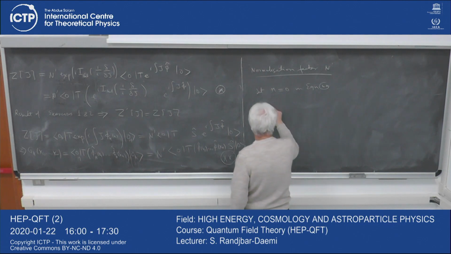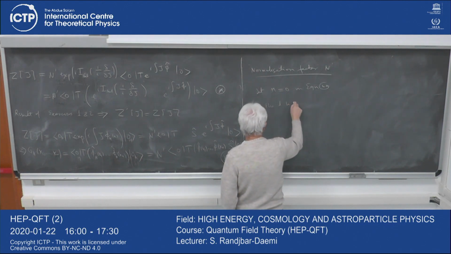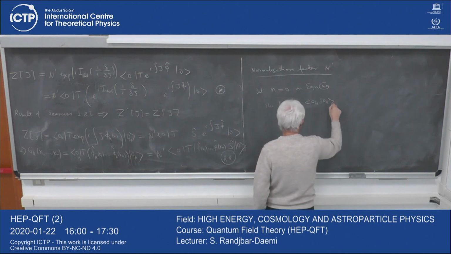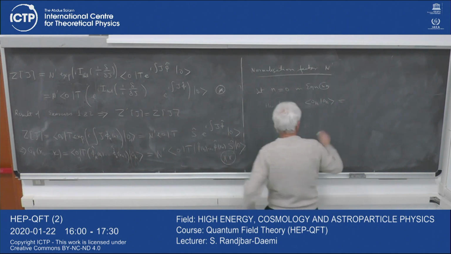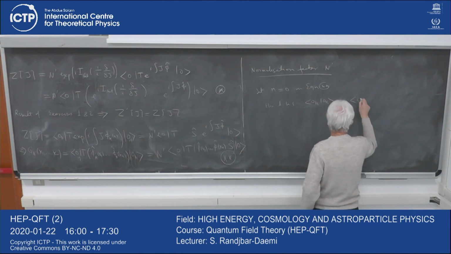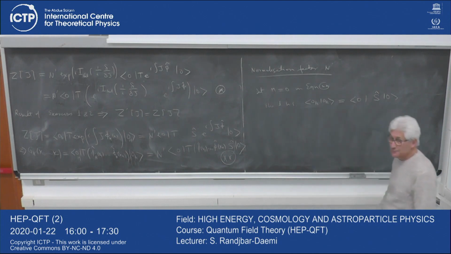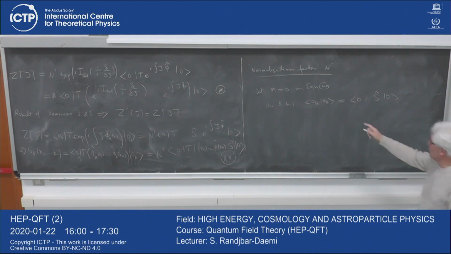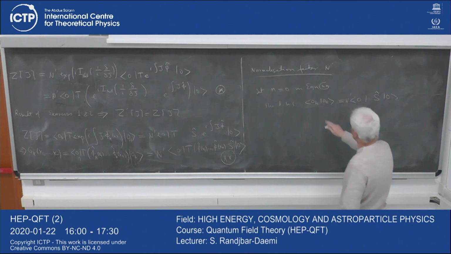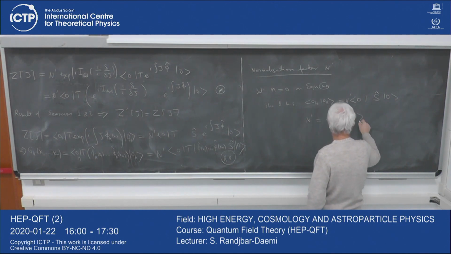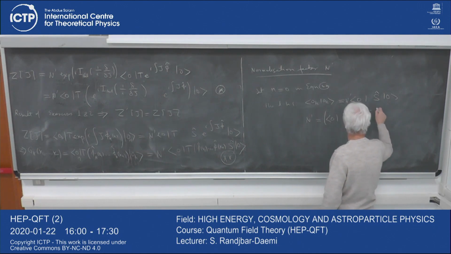The left-hand side is just this. And the right-hand side is S hat times ground state. But this is 1. This is 1. So this is telling us that n prime equals S hat to the power minus 1.